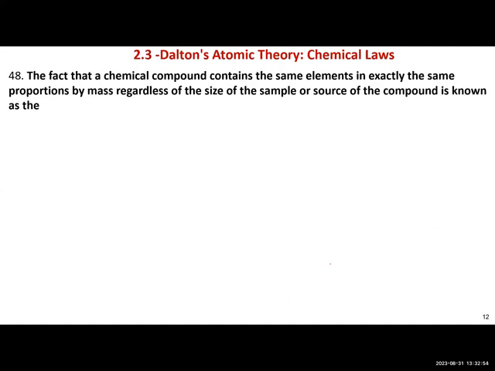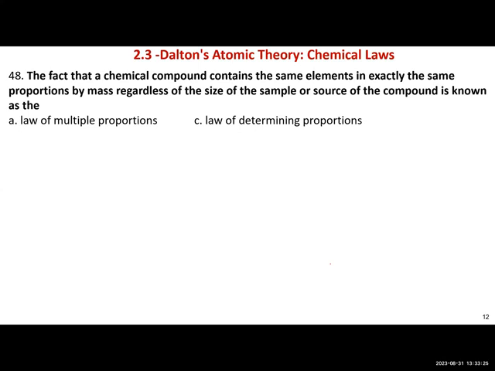Now we have to identify what idea is explained by Dalton's atomic theory. The fact that chemical compounds contain the same elements in exactly the same proportion by mass, regardless of the size of the sample or source of the compound, is known as constant or definite proportion. It's not the law of multiple proportion.